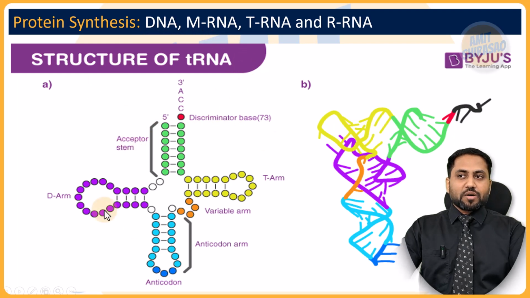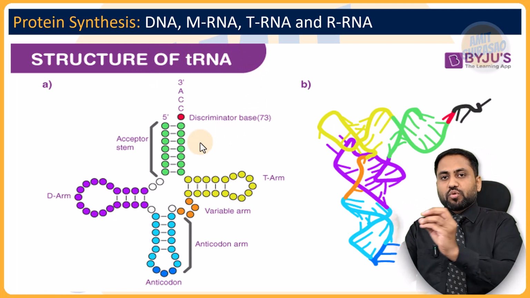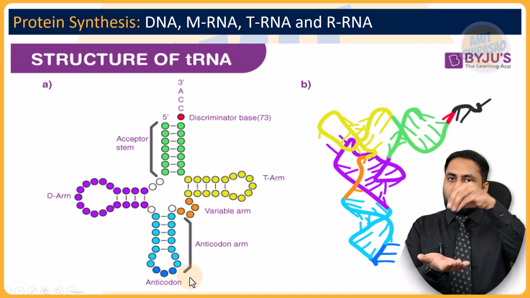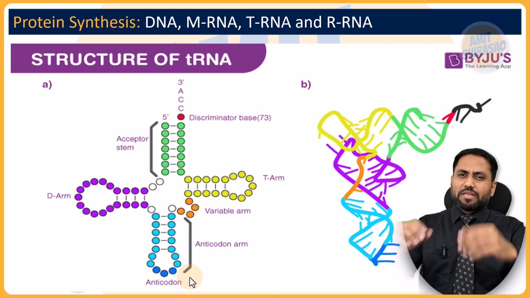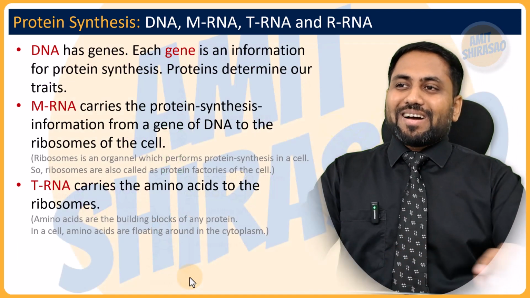Got the idea? This is how a tRNA is there. Okay, so tRNA carries this amino acid from the cytoplasm to the ribosome. Okay, now what happens in the ribosome? It basically connects using these anticodons with the codons on the mRNA, and then something happens. I'll tell you later on. Why should I tell you in this slide? I'll tell you in the next slide.